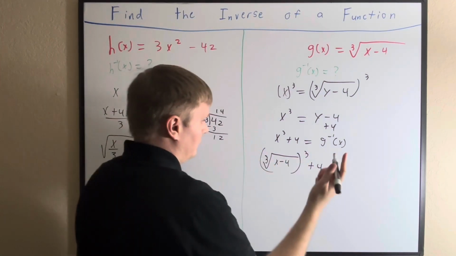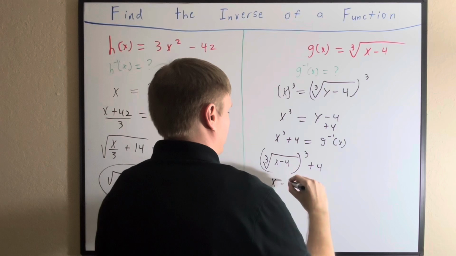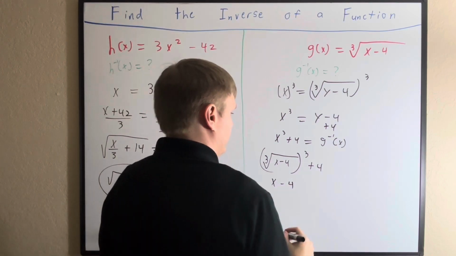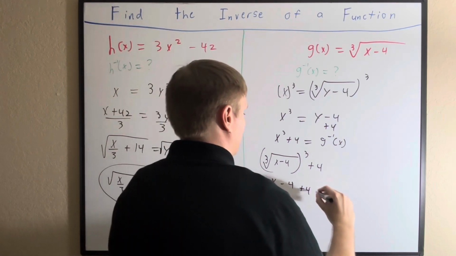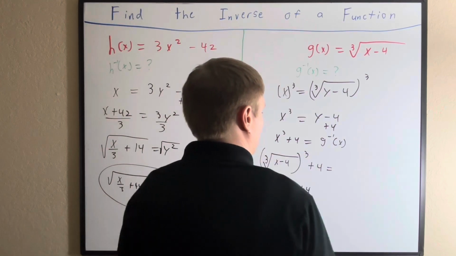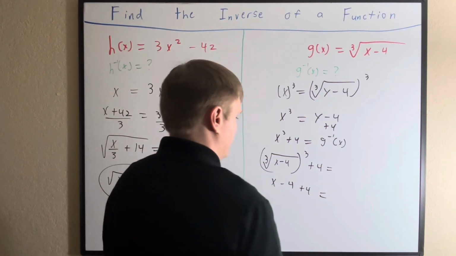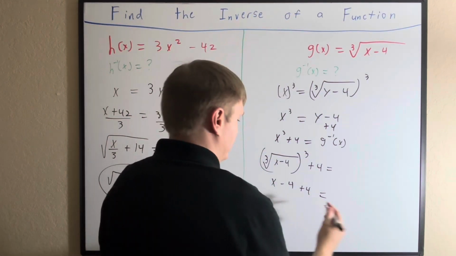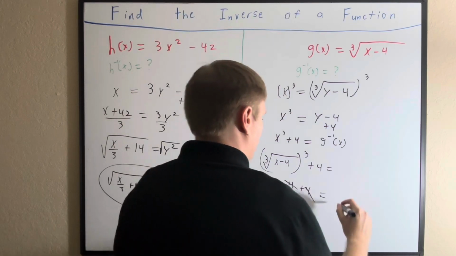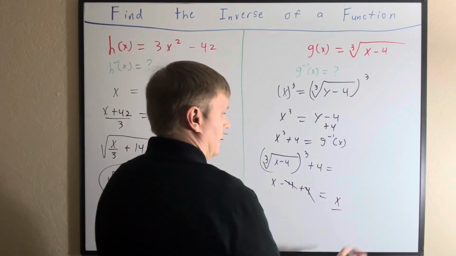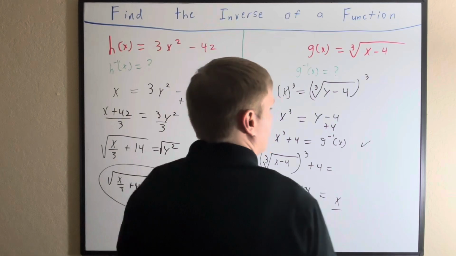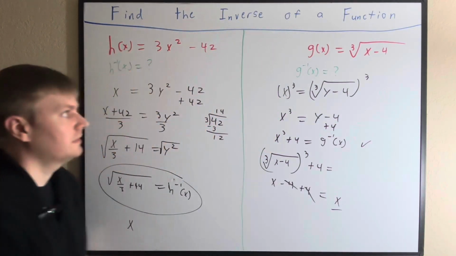You cube a cube root, you're left with exponent of 1. Negative 4 plus 4 is 0. It cancels out, so we're just left with x. So, successfully checked our answer there.